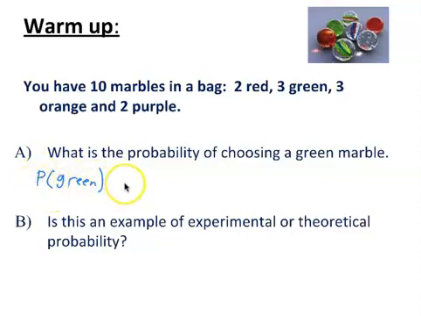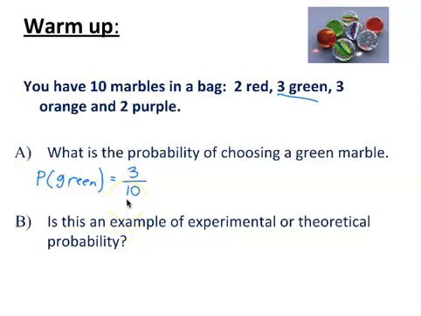This means what's the probability of finding or choosing a green marble? So to find that probability, how many green marbles can we choose from? Well, there's 3 in our bag, so we can choose 3, and then what is the total number of marbles we're choosing from, which is the total number of outcomes that we can have? Well, there was 10 marbles, so it would be 3 out of 10.